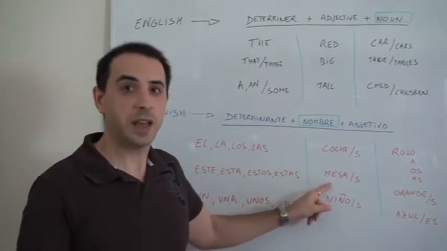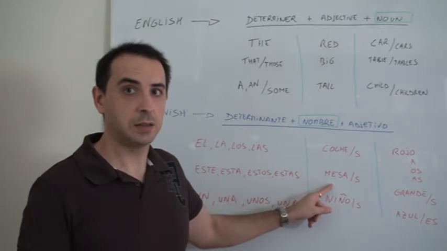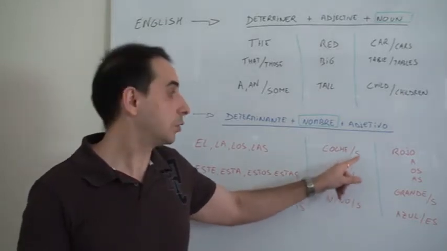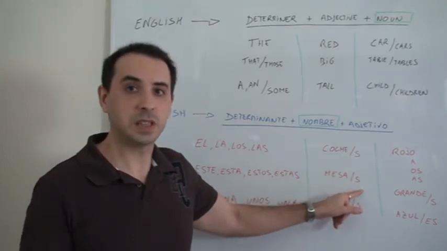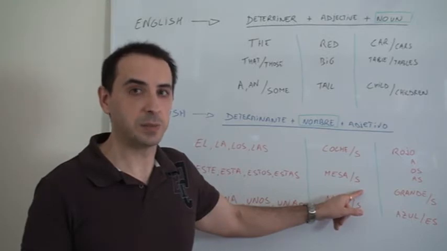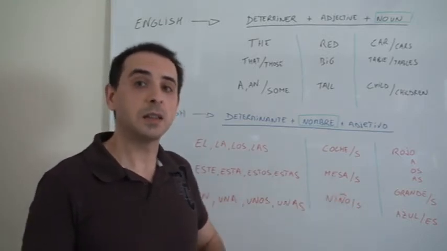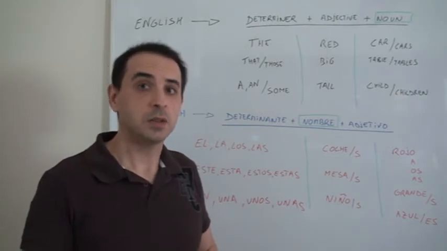Then you have table, mesa, and tables, mesas. You know, the grammar to make the plural is very similar to English. So, mesa is feminine.